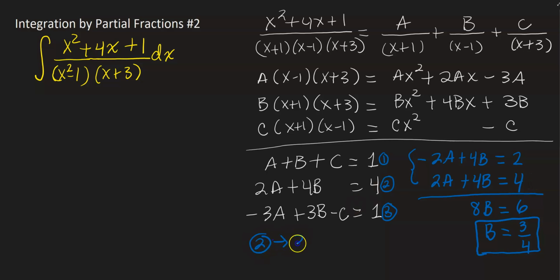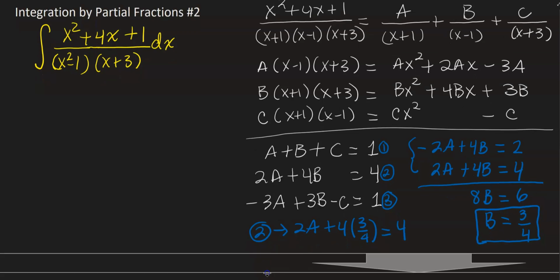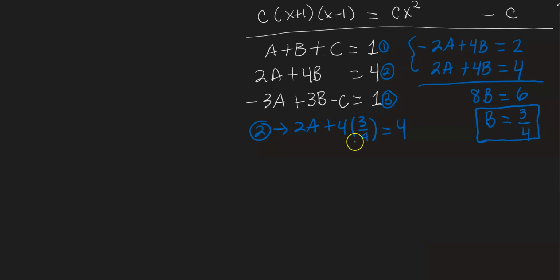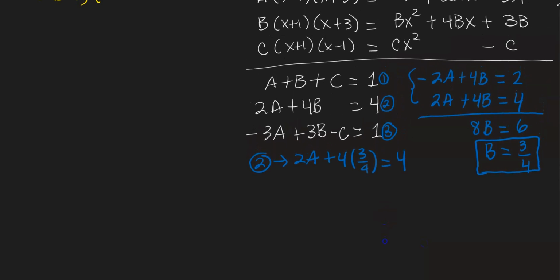Okay, now let's go to this equation number 2 right here. You would have 2A plus 4 times 3/4 is equal to 4, right? So 4 divided by 4, right?